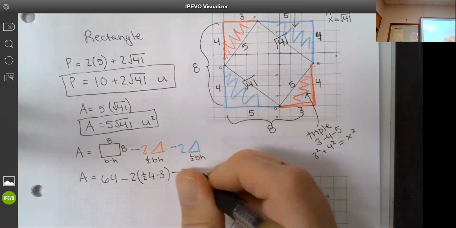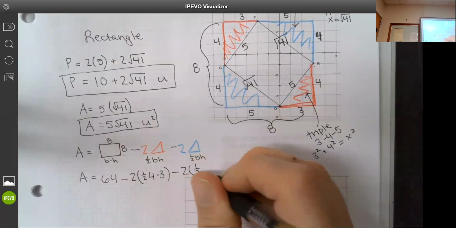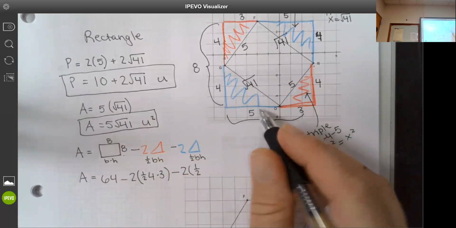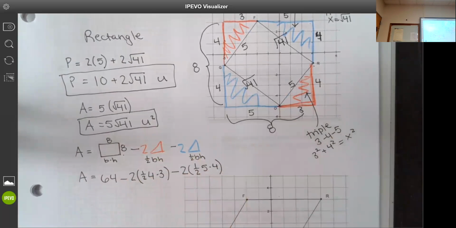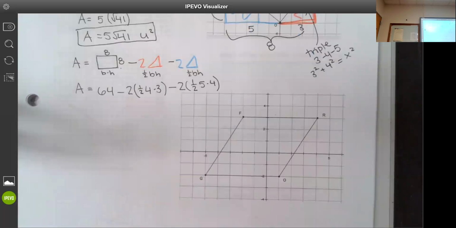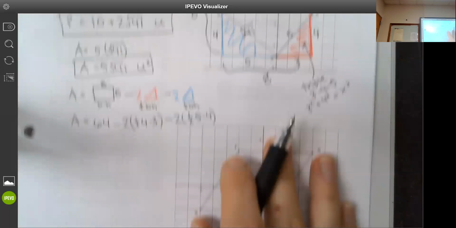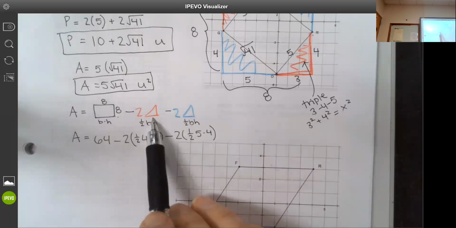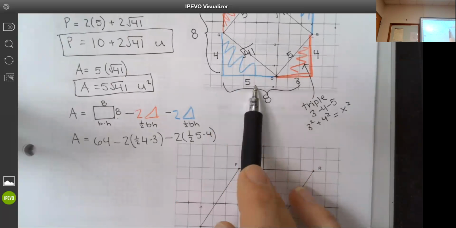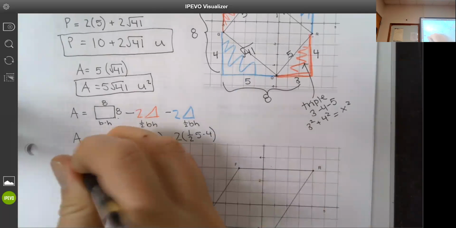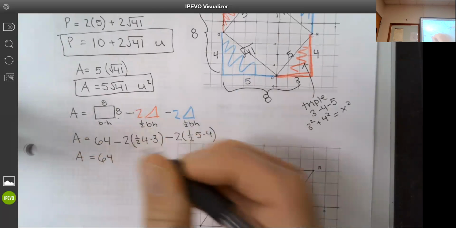And what you'll see is we'll get rid of the blue this way too. 1/2, 5 times 4. Okay, and so with our triangles, if we're using this method, the base and height are the straight lengths, the legs, not the hypotenuse.